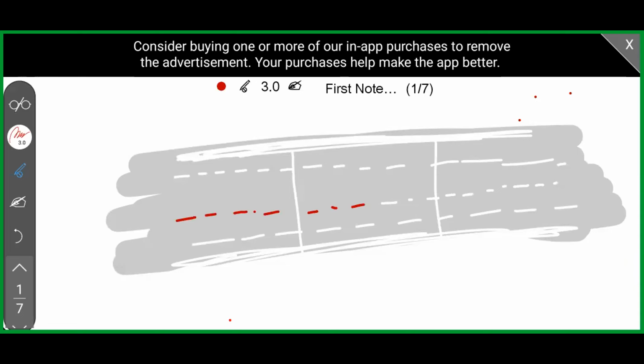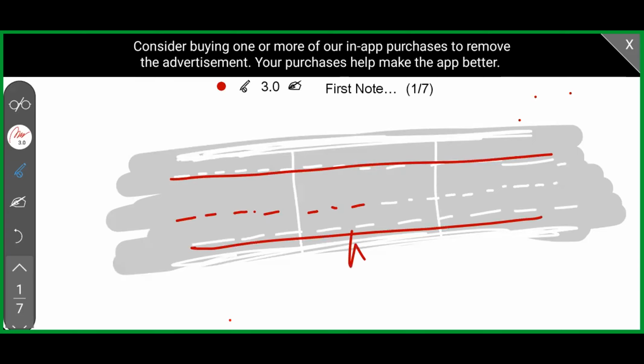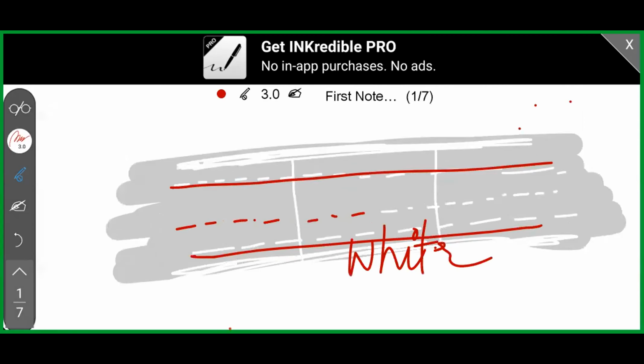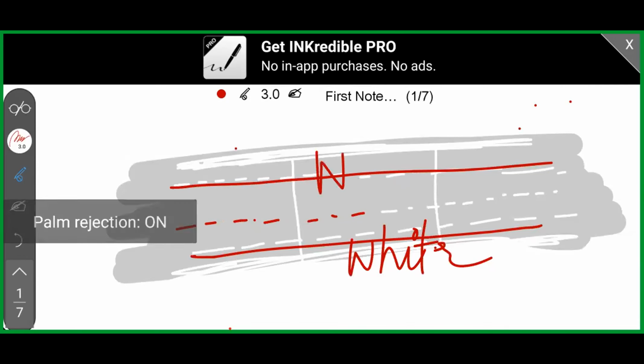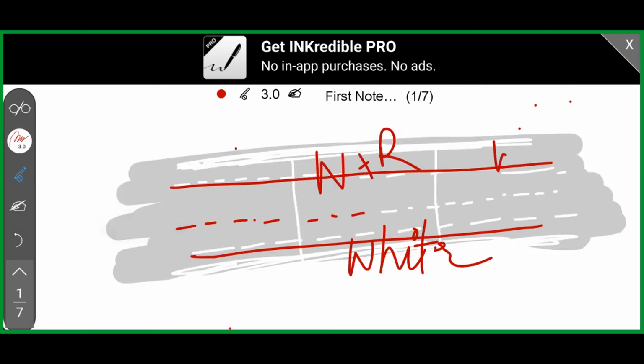This is a very popular question, that the edge light of the runway is white in color and the center line is white in the beginning, white and red in the middle, and red at the end of the runway.